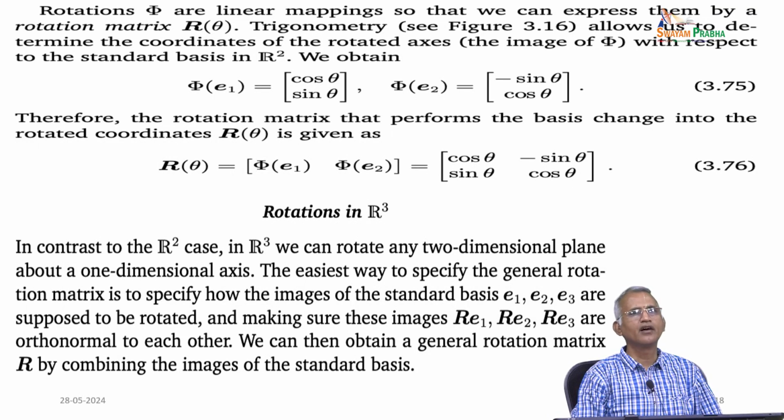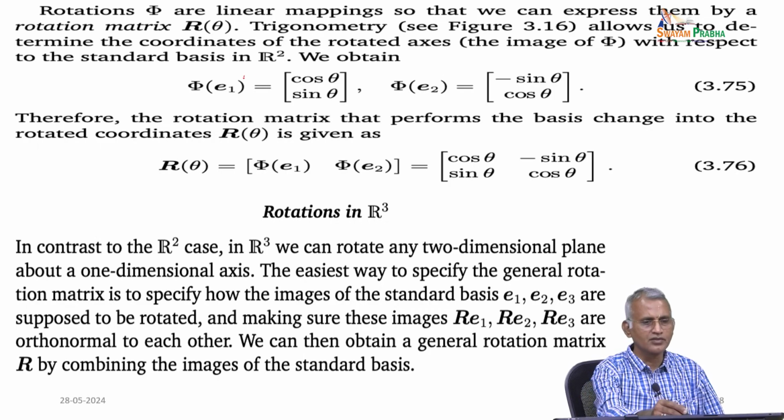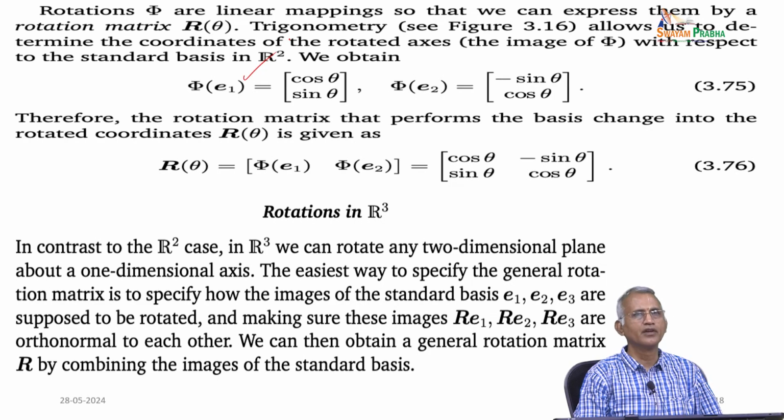So, rotations phi are linear mappings, so we can express them by a rotation matrix, see the figure, and trigonometry allows us to determine the coordinates of the rotated axes with respect to the standard basis in R square. So, we obtain phi of e1 equal to (cos theta, sin theta) and phi of e2 equal to (minus sin theta, cos theta).